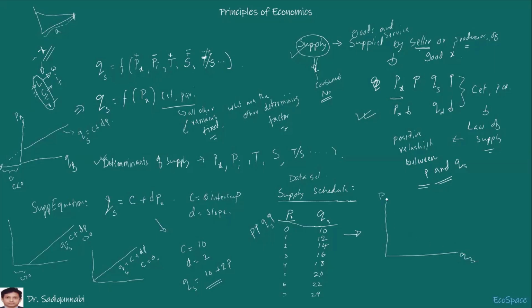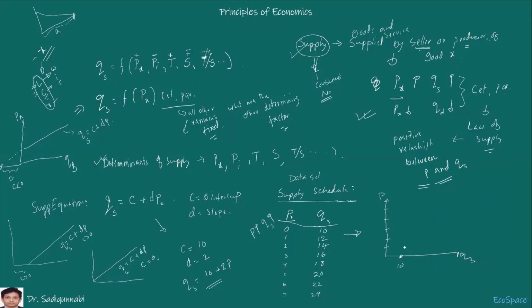QS. So suppose we are increasing from 0, 1, 2, 3, 4, 5, 6. When price is 6, what about Q? 22, right? So suppose price is 0. So Q is 10. Suppose this is 10.